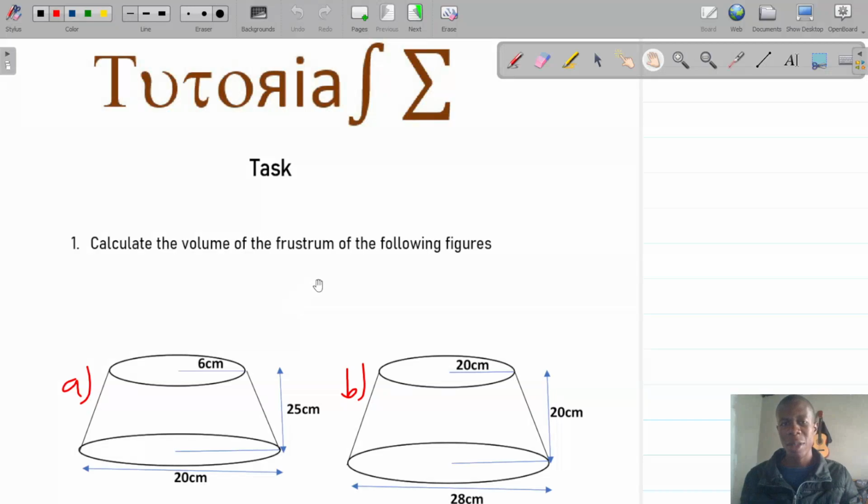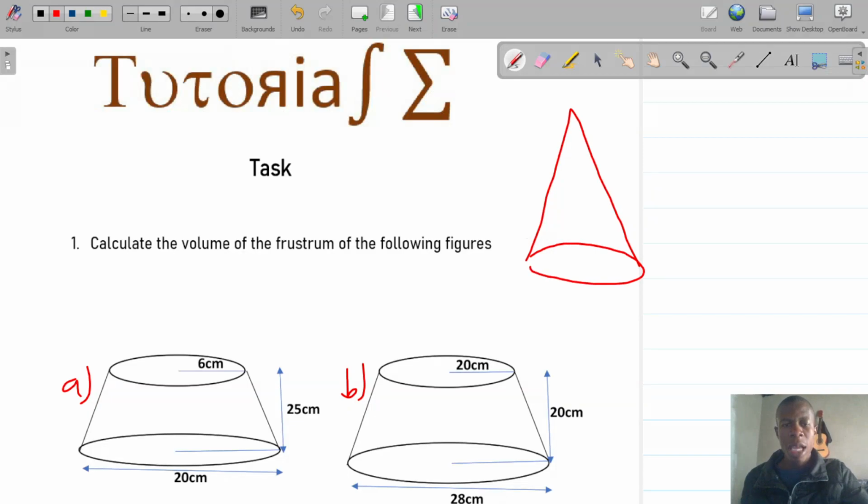So first of all, let's explore what a frustum is. When you have a shape like that, then you decide to cut this shape at any point.